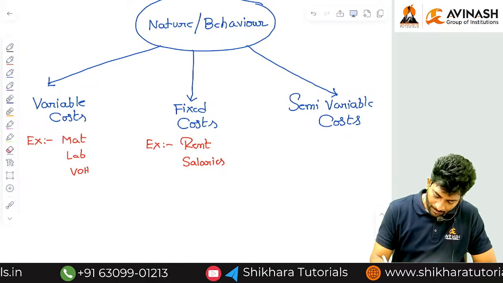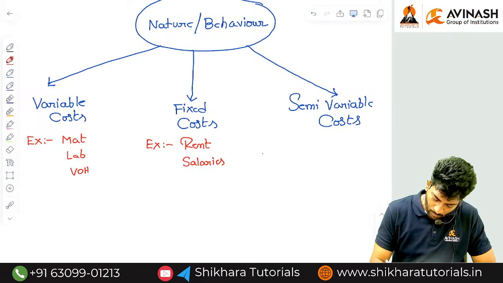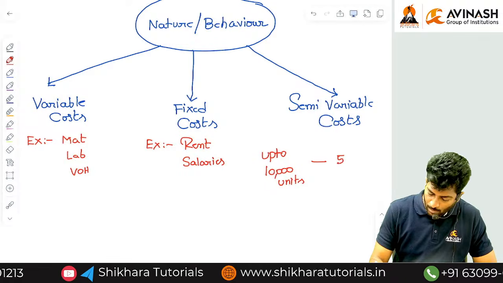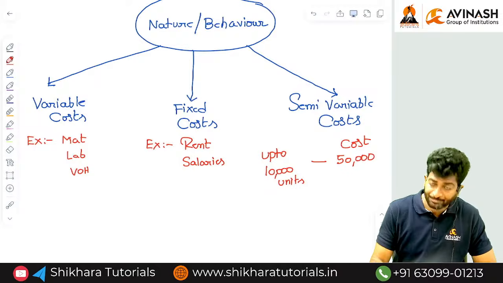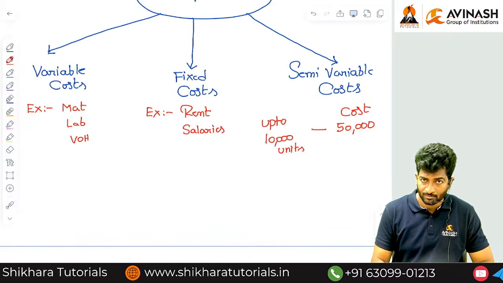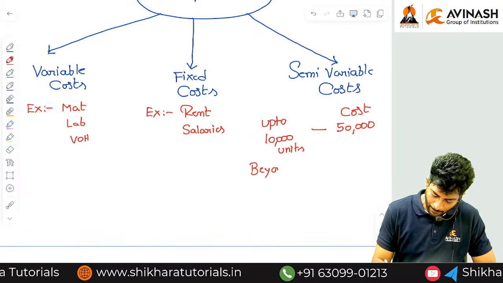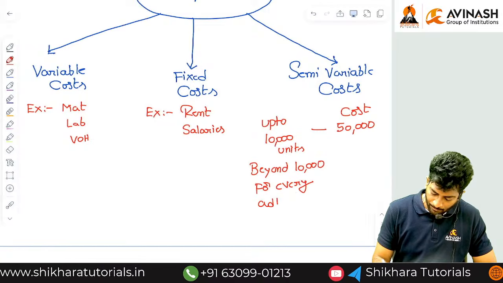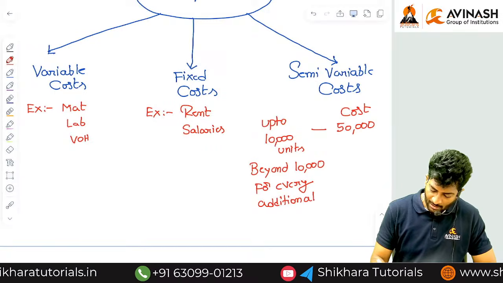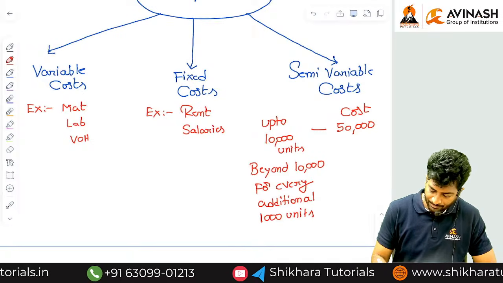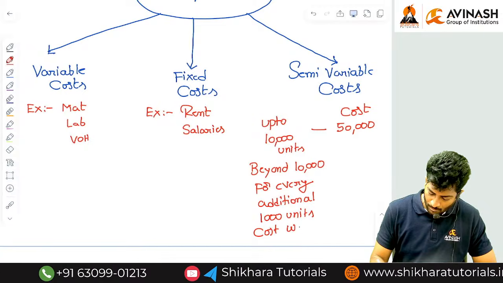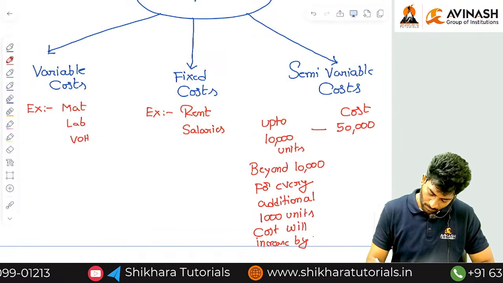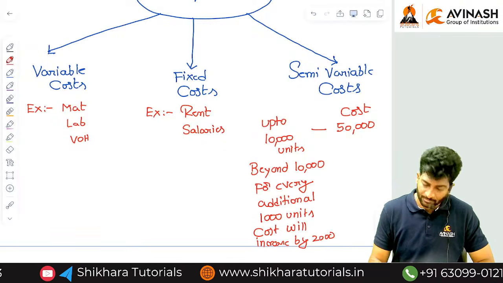My cost up to 10,000 units is 50,000. Beyond 10,000, for every additional 1,000 units, cost will increase by 2,000 rupees.